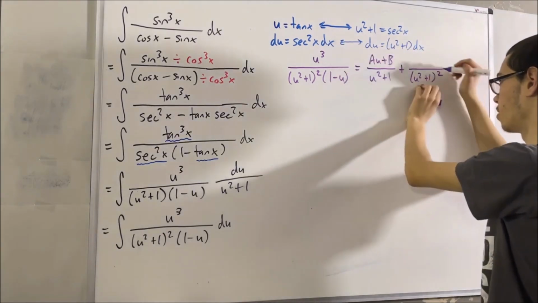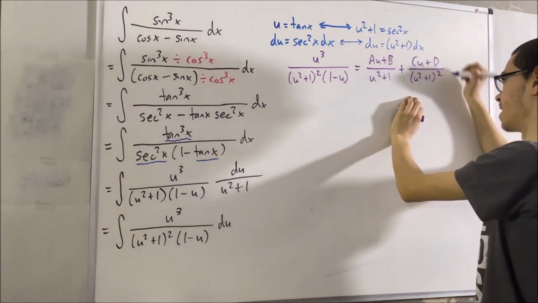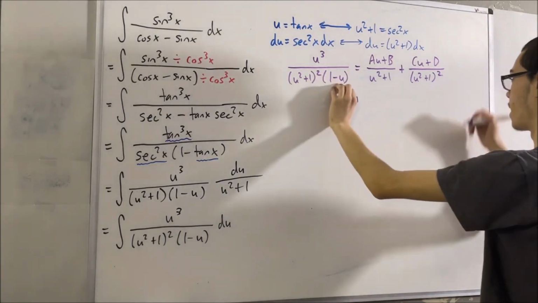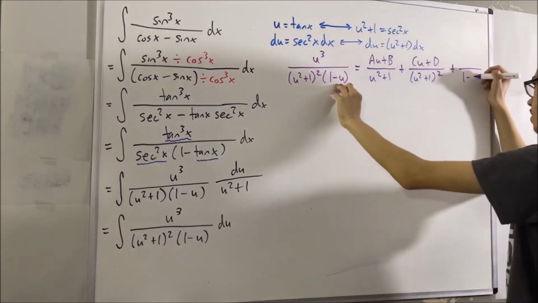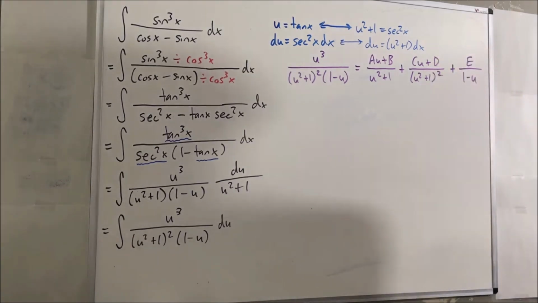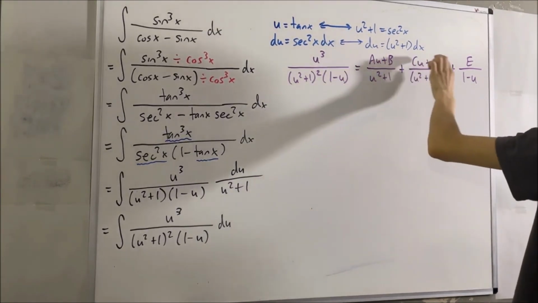Since it's repeated, we also keep that linear, so we have cu plus d. So that's it for this one. As for the 1 minus u, since it's linear, the thing in the numerator will be just a constant. So all we have to do now is evaluate a, b, c, d, and e.